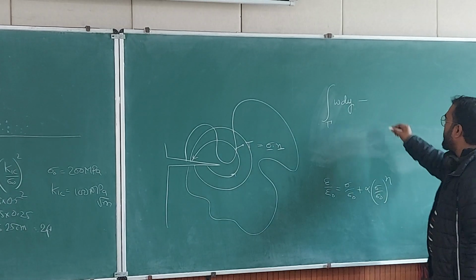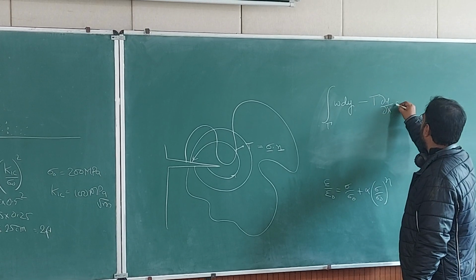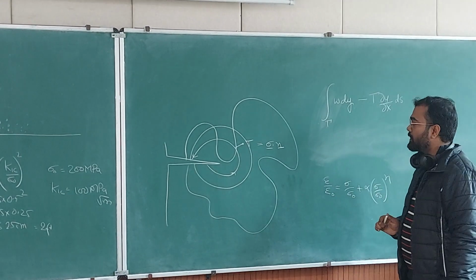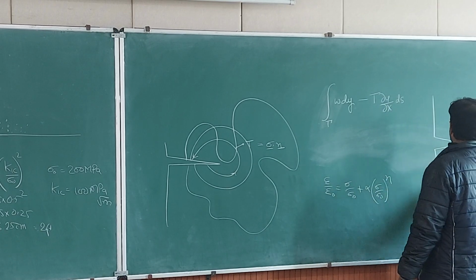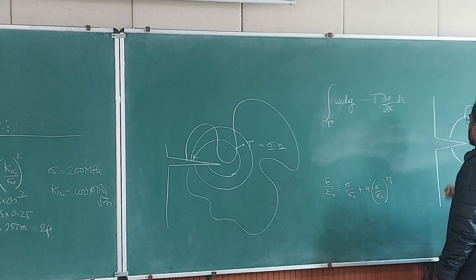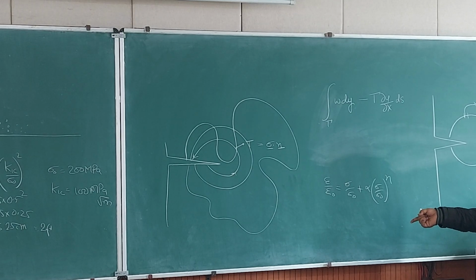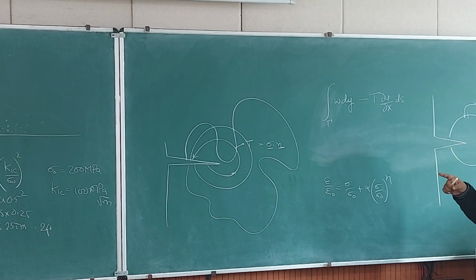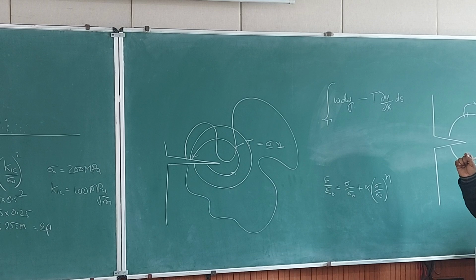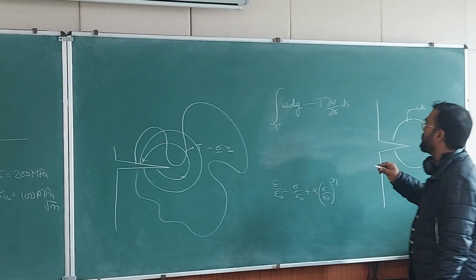Okay, so you have a traction, and because of that traction you will have a displacement gradient, and that you have to count on small pieces of this contour. So if you have a contour like this, then a small piece on this is ds, and on every ds you will have different normal vectors. Okay, so sigma dot n will give you traction, and then at every point you will have different values of the displacement vector. So you'll have del u by del x, and then you have to calculate this line integral.